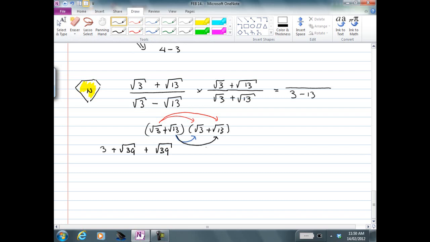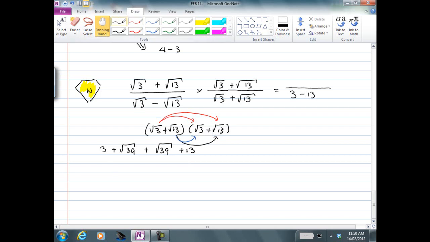Lavraj, root 13 times root 13? Nope, no calculators needed. Well, what's the trick? Remember, if you multiply 13, good. See? Again, no tricks. Because the square root of 13 times the square root of 13 becomes 13. That little trick I taught you before.